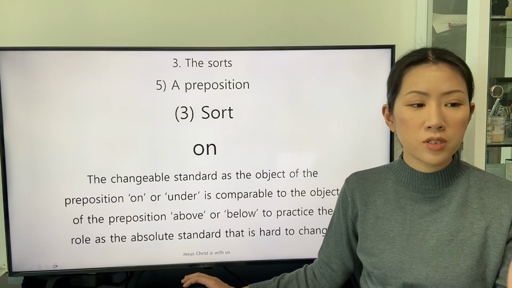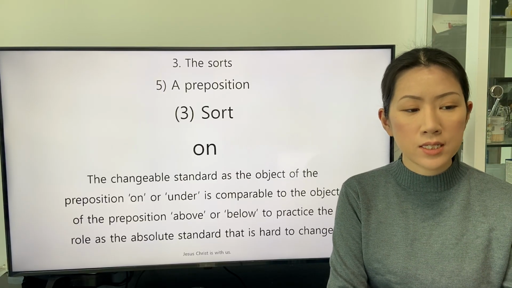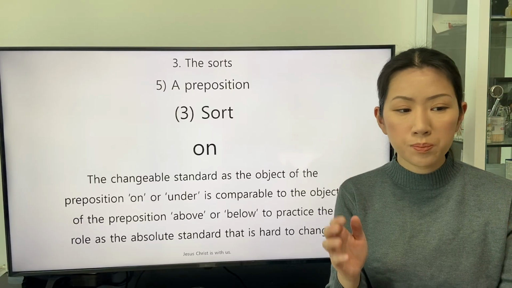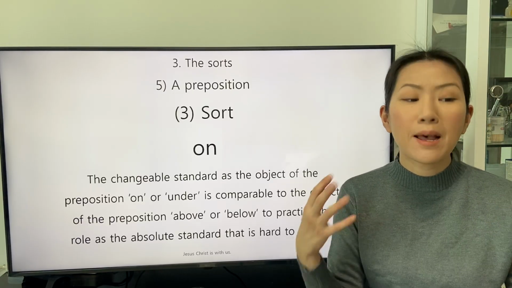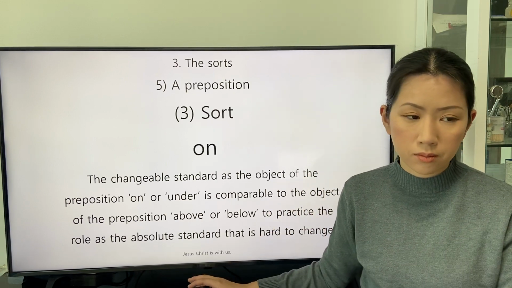The changeable standard as the object of the preposition on or under is comparable to the object of the preposition above or below to practice the role as the absolute standard that is hard to change.